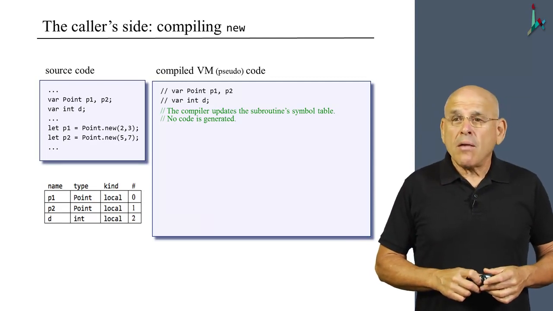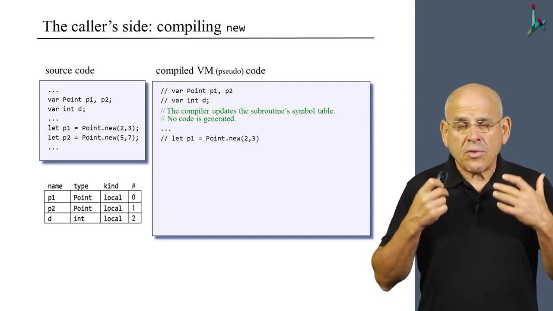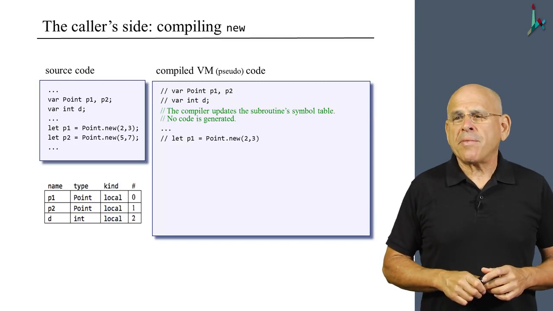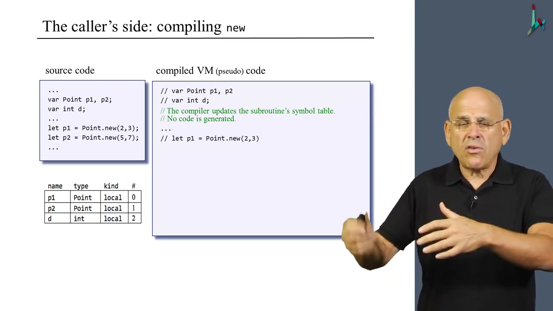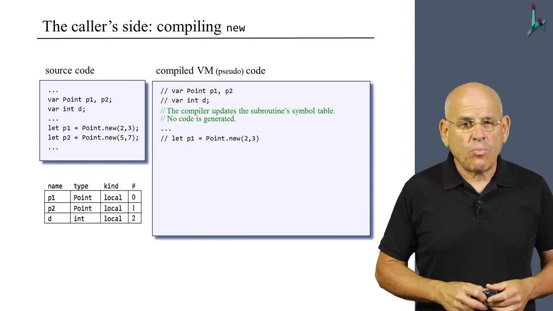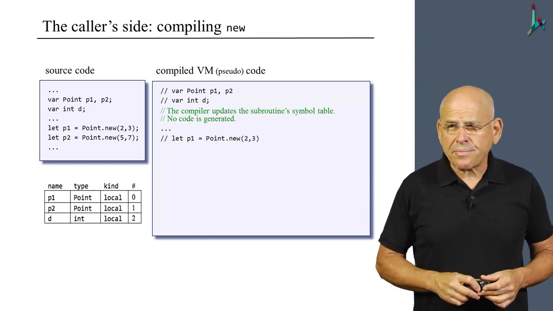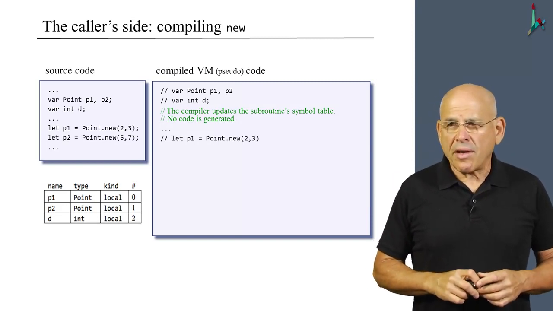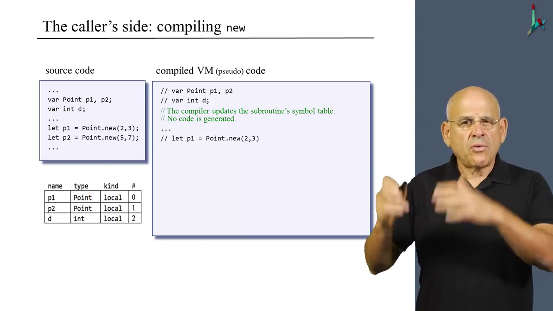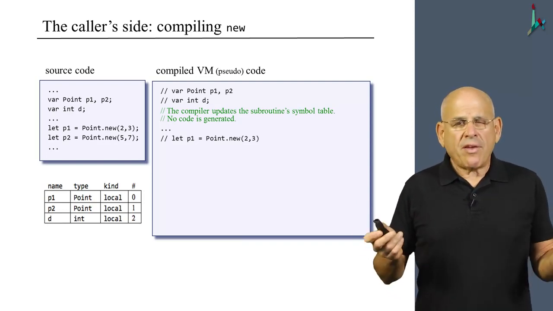Moving along, we now want to compile the statement calling point.new and assigning the result to P1. How should we do it? Now, look at this high-level method call here, point.new 2 3. What do we have here?